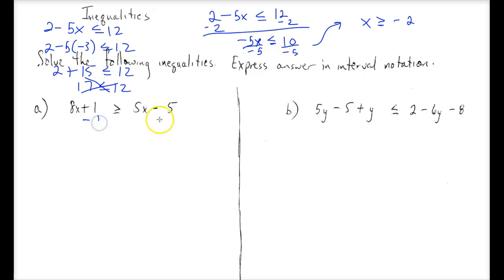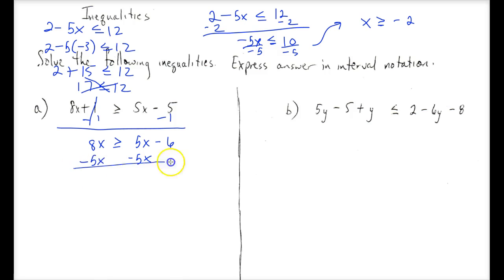So I'm going to subtract both sides by negative 1. That's going to make that go to 0. And we have 5x minus 6. Then we want to get all the x terms on one side, so I'm subtracting both sides by 5x. That gives me 3x here minus 6, because that cancels to 0.